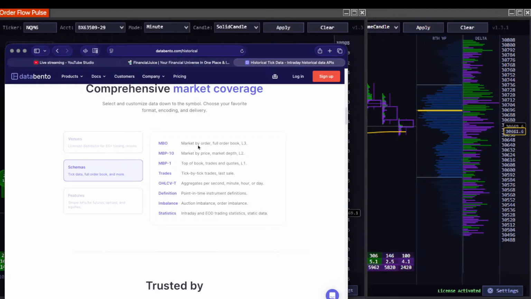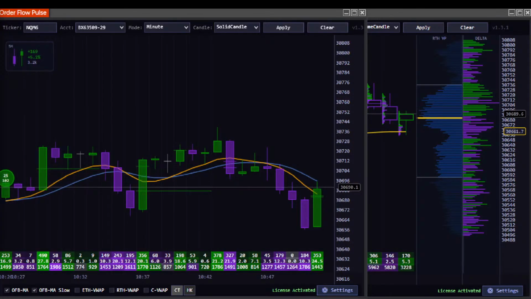That is market by order, full order book, level 3. I am getting level 3 data, folks. You need to get good quality data. Tick by tick trades, last sale.